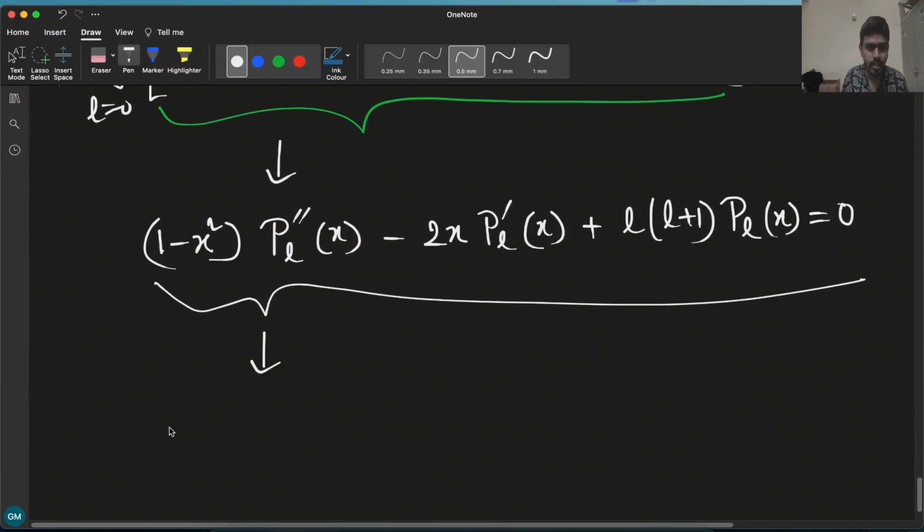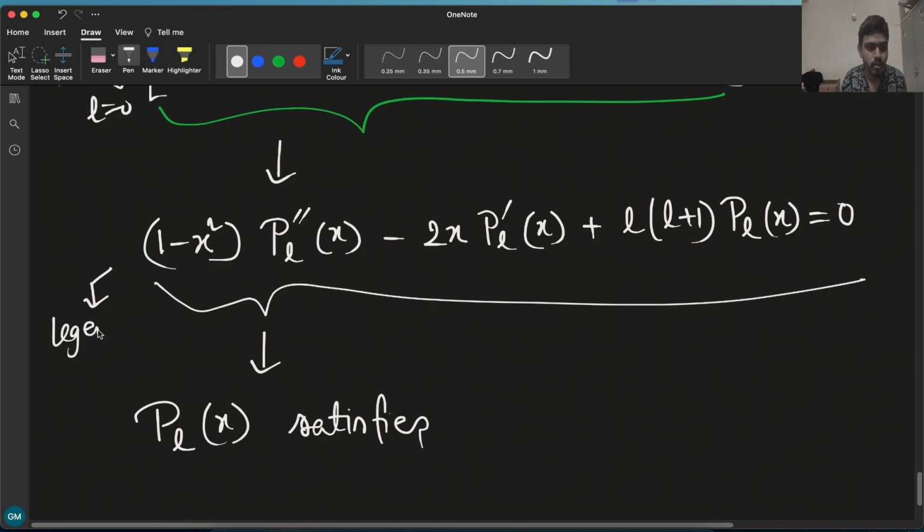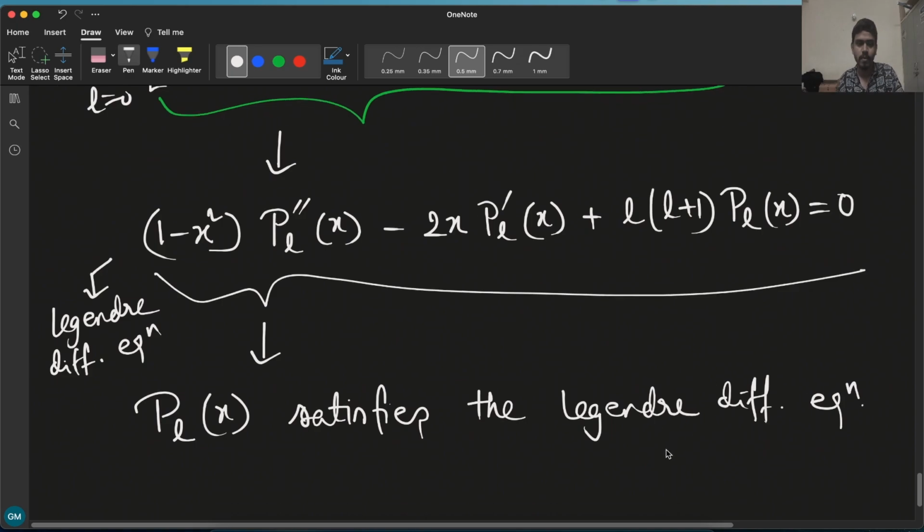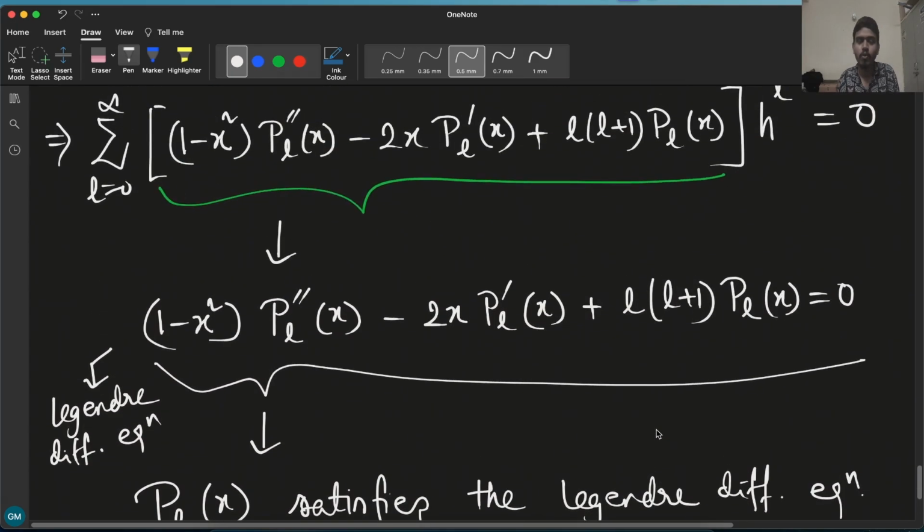So what it proves is that PL of x satisfies the Legendre differential equation. So our proof is now complete.